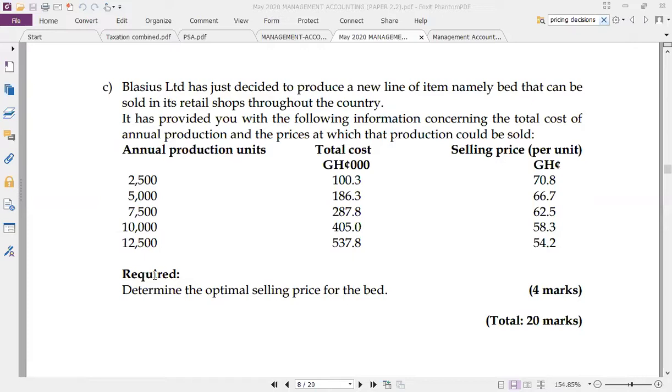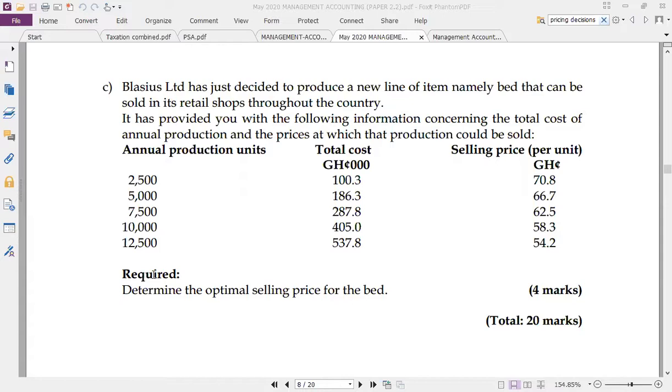Then total cost in thousands: 100.3, 186.3, 287.8, 405, then 537.8. Let me also copy the selling price quickly, per unit.